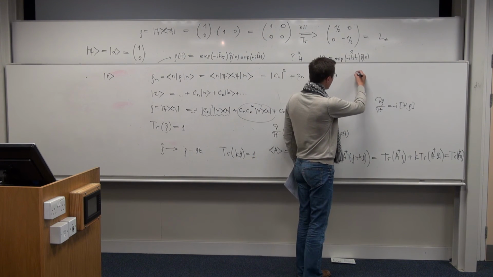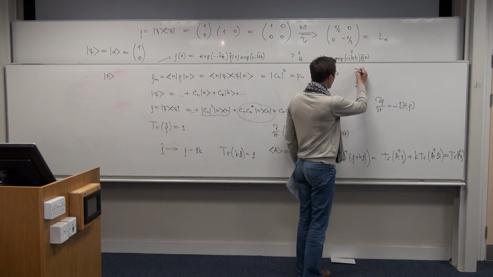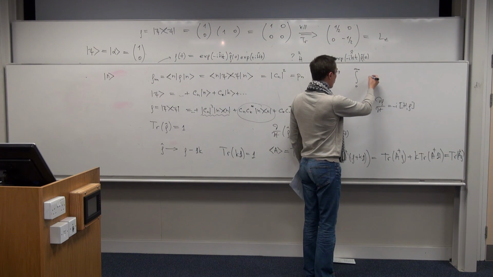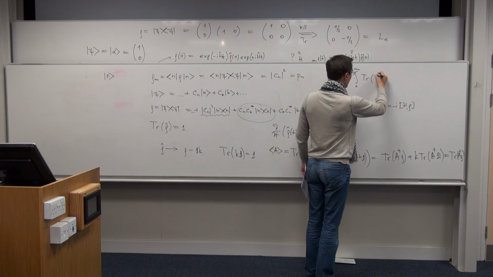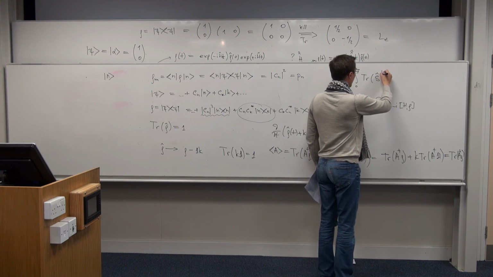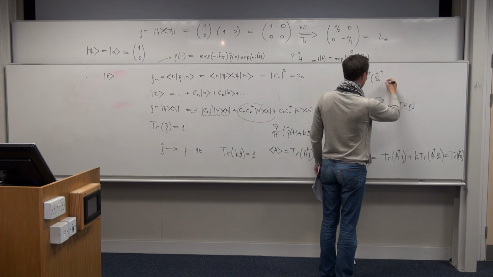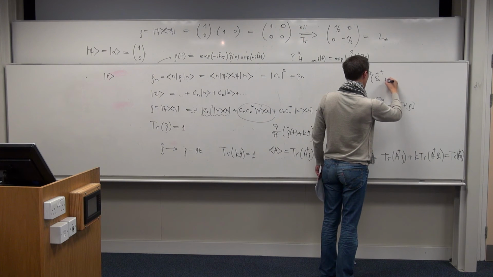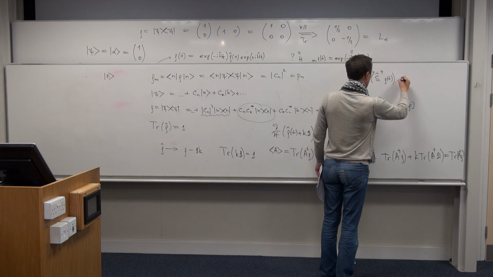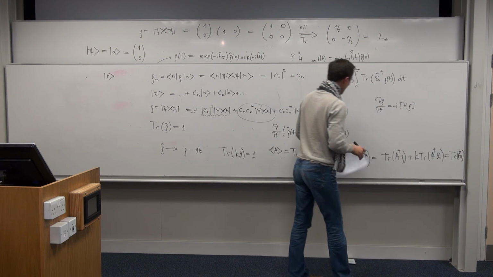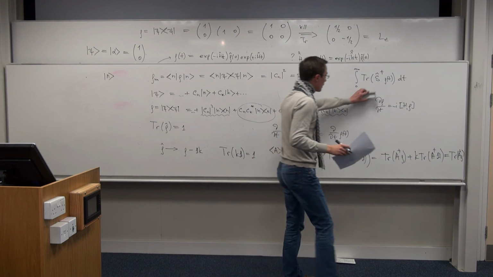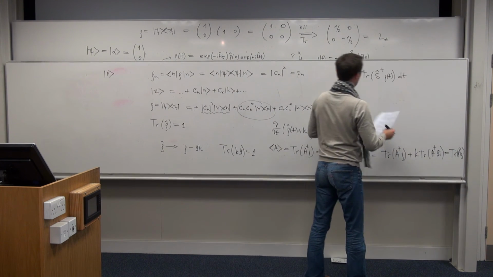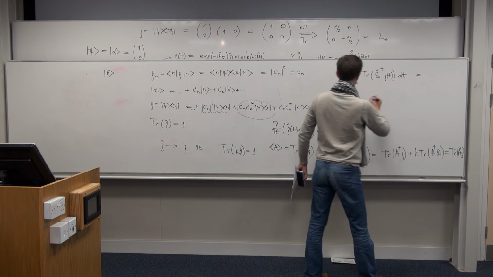So what we will have is an integral from 0 to infinity of a trace of our singlet projection operator with the density matrix, rho of t, dt. If we have a double-sided exponentiation in here and a trace, then this will be equal to the following.